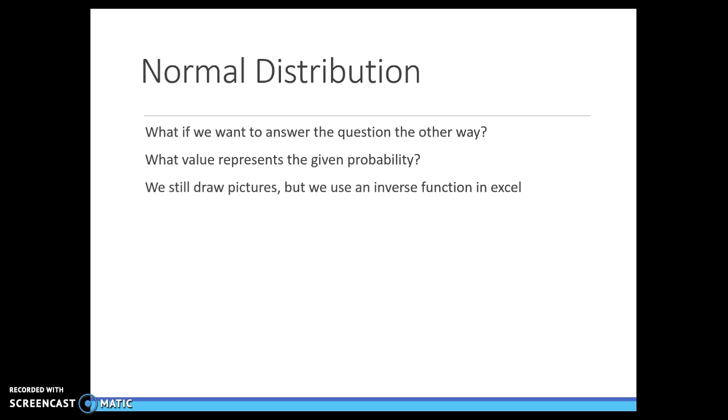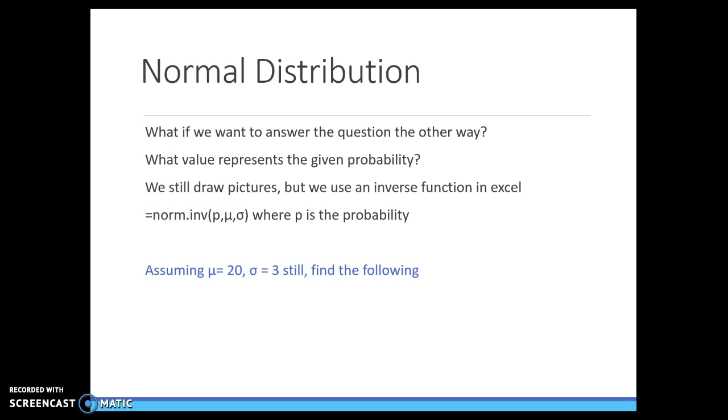If instead I have a probability and I want to know what value falls there, I can use an inverse function. So this is now asking for probability inside of it, so I'd put a probability here, and it would give me the value that would fall at that probability. So instead of saying 17, what's the probability here, I would say the probability of 0.5, what value falls there? And it would hopefully tell me 17 or whichever.